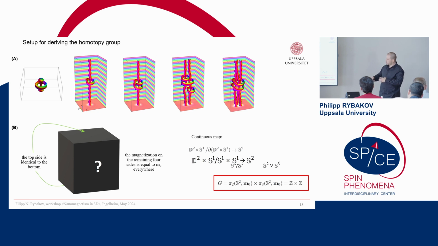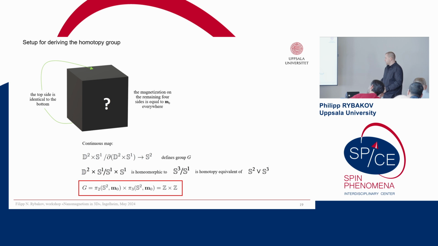And this is more general than the classification applying to hopfions, because for a hopfion we have to compactify the full surface of this box. But here there are more degrees of freedom. So the top and bottom are not necessarily trivial, and some texture can penetrate. And of course, we assume continuity for the textures.